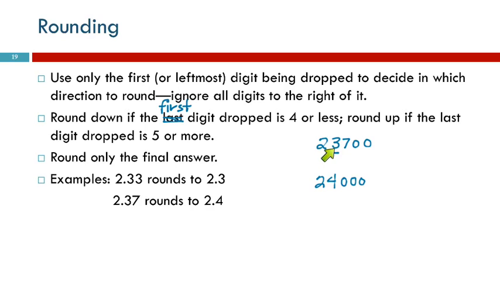So the idea here is if you're rounding anywhere to the left of the ones place, anything higher than the ones place, be careful. Some of you can round this to 24,000, you're good. Others of you are going to get into trouble. If you're a person that gets into trouble, the best thing is to put the number in scientific notation. So we take that 23,700 and we write 2 point, and I want to keep this place.